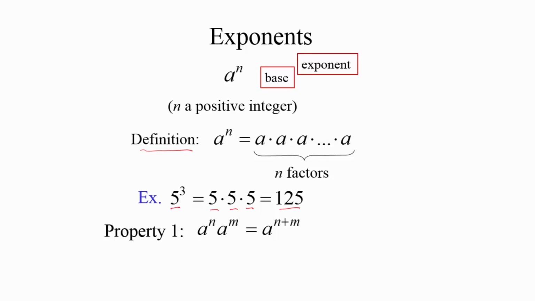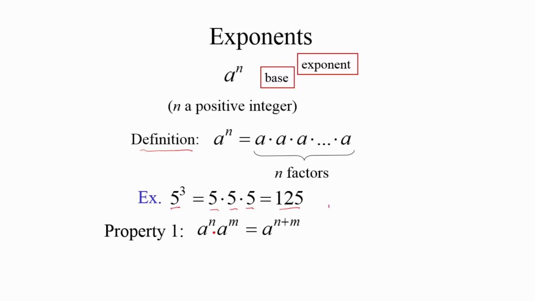The first property of exponents, there are other properties we will see later on, says if you have a to the n power multiplied by a to the m power, it has to be multiplication, you write one base, so it has to be the same base, and add up the powers.